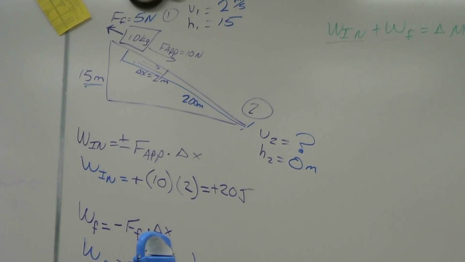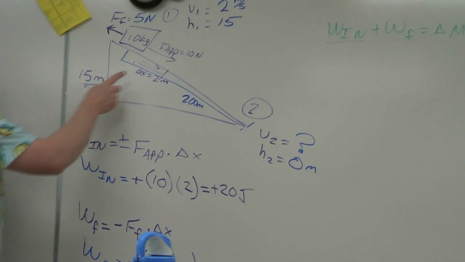Could be 2, could be 200, could be 15. Those are the 3 meters. So let's get rid of hopefully the obvious one. Does friction act over the 15 vertical meters? No, it's not 15. So it's really either 2 or 200.